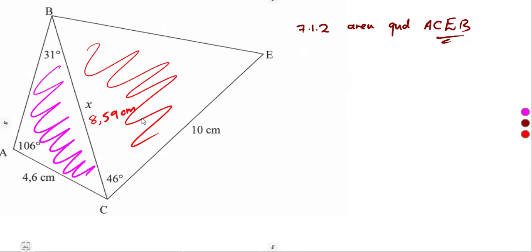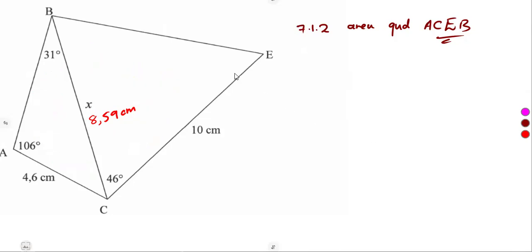So in that case, we can separate our quadrilateral into 2 shapes and determine the areas of the triangles, meaning the area of the quadrilateral is going to be a combination of 2 areas. In this case, the area of triangle ABC, combined with this other triangle, for which we are also going to find the area: triangle BCE.